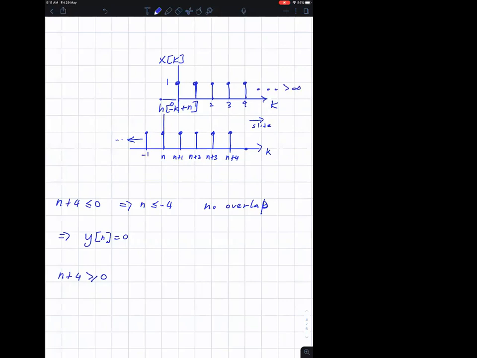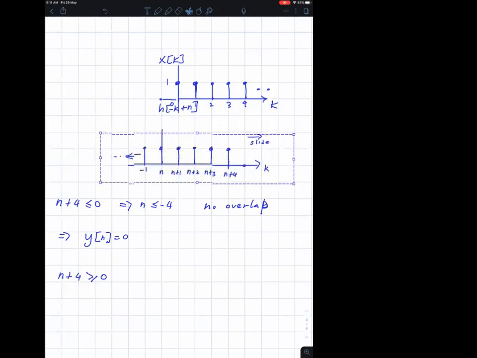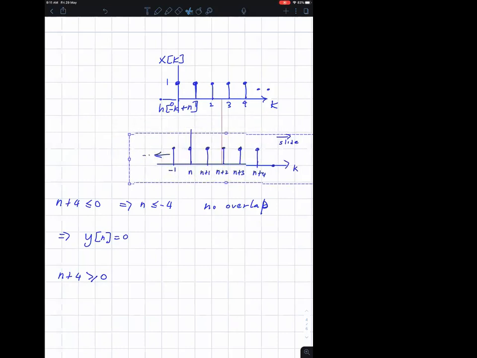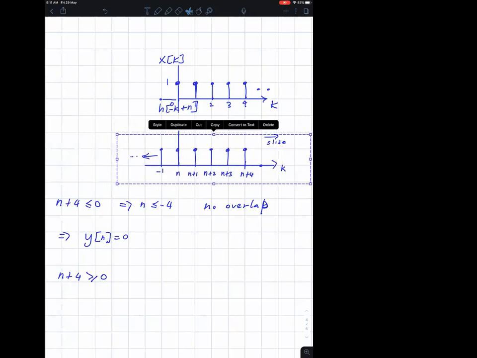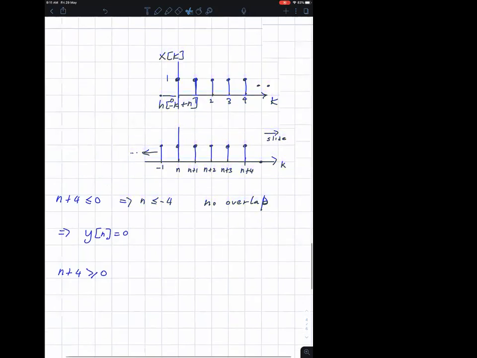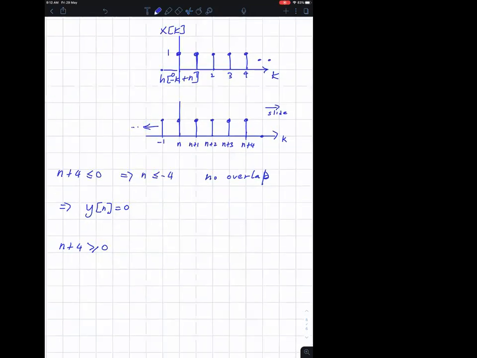So you can keep on sliding. You can continue to go on up to infinity. So the upper limit is controlled by, so n is greater than 4. So the k is, let's see.